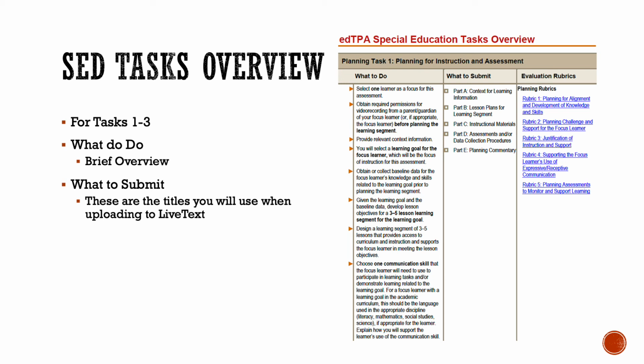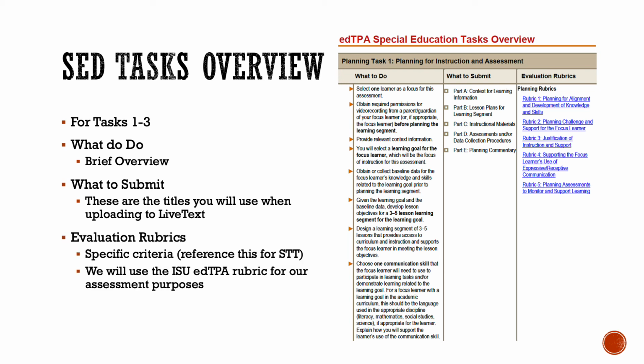Pay careful attention to this column, as this is how we will have you label each part of your submission for each of the tasks. And finally, they will show you the evaluation rubrics, which rubrics are aligned with which section of the edTPA Tasks 1, 2, or 3. Again, this is really important criteria for you to reference when you're in student teaching. But again, we will use the ISU edTPA rubric for our assessment purposes.